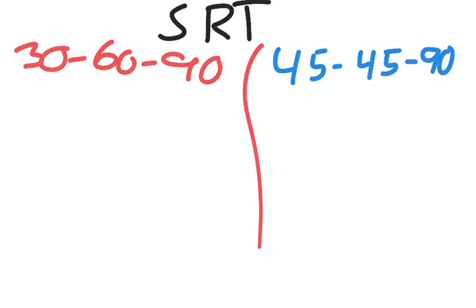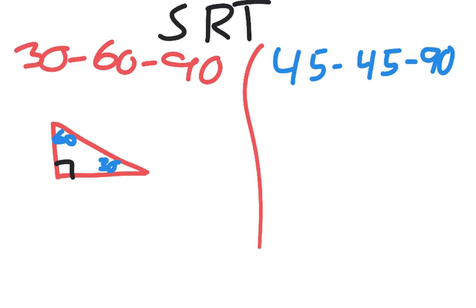So for my 30, 60, 90, I'm going to draw a right triangle that has a 30-degree angle, a 60-degree angle, and a right angle, 90 degrees. Have you seen these before? No? It's fine. Do you know what value goes across from the 30? No, the side values.